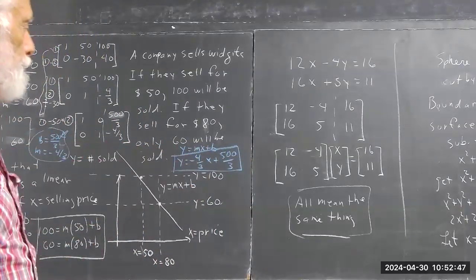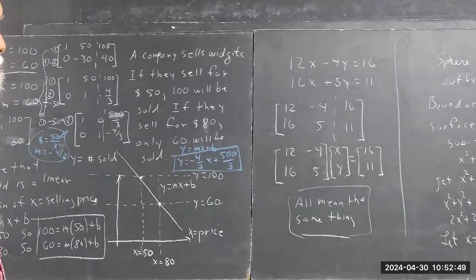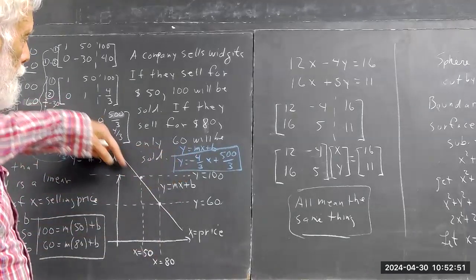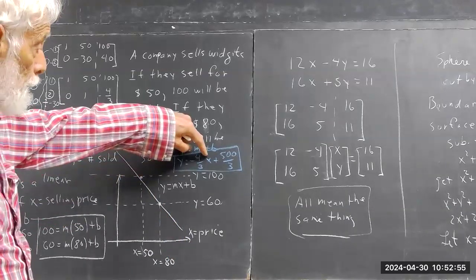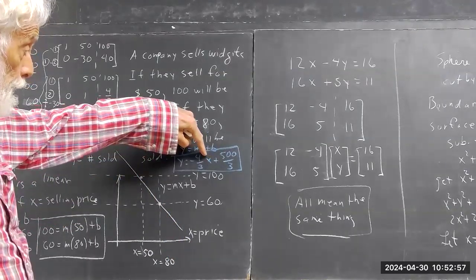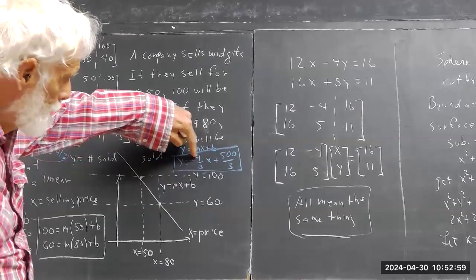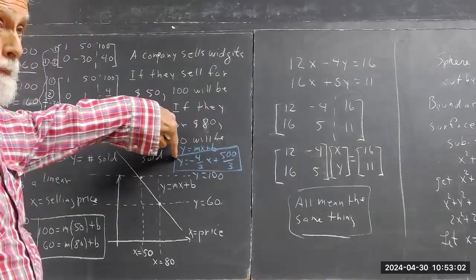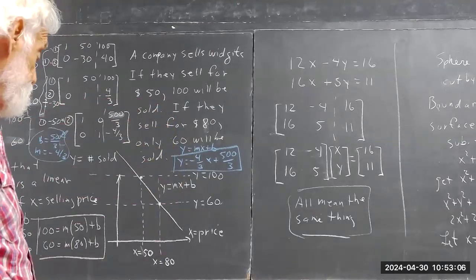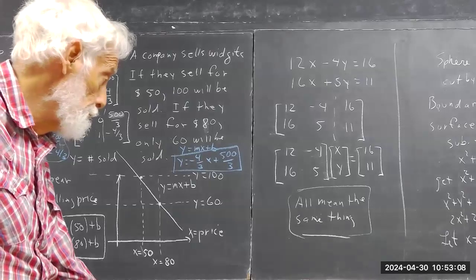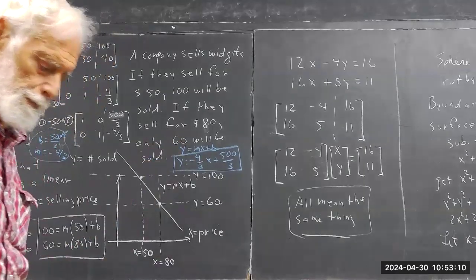That's a linear function that models how many you expect to sell if you know what your price is. So you put your selling price in, do the arithmetic, and this will tell you how many you're likely to sell. And there's more to it, but we'll leave it at that for now.